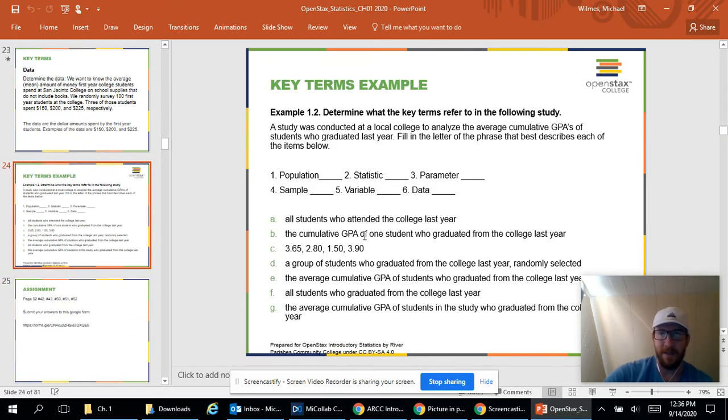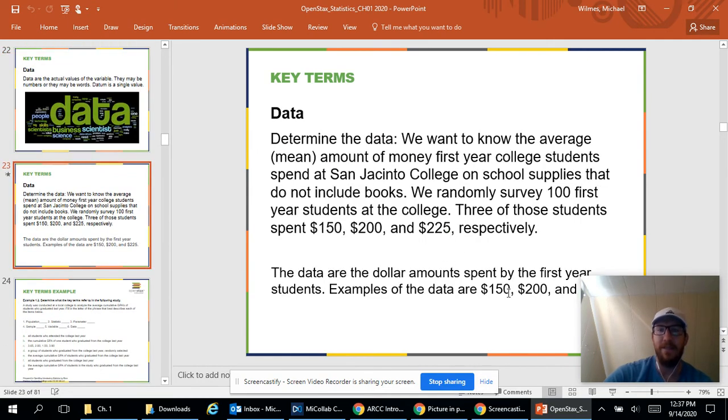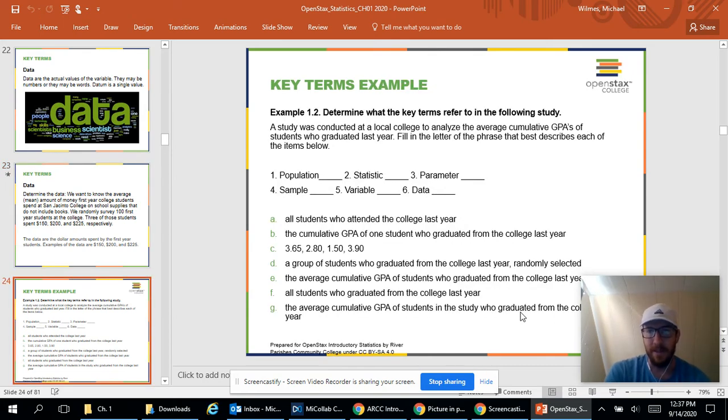And if we go here, that would go with B. We read that one a few times, cumulative GPA of one student. So there we go. 5 would be B. And then data is the easiest of all. That's just the physical, numerical, or categorical numbers or expression, what we're representing. So we're looking for the numbers. So here's some example GPAs. So 6 would go with letter C.